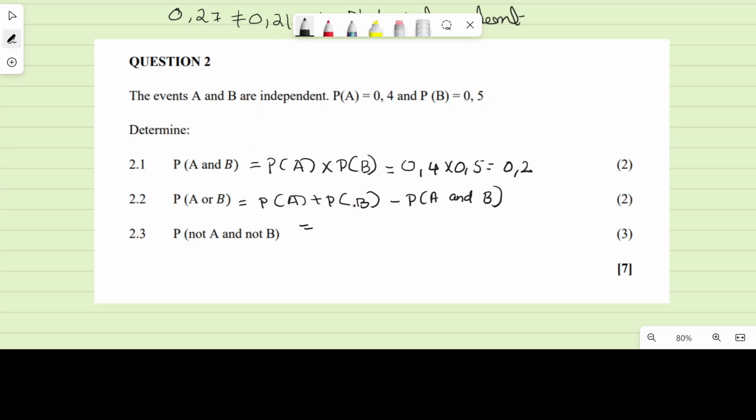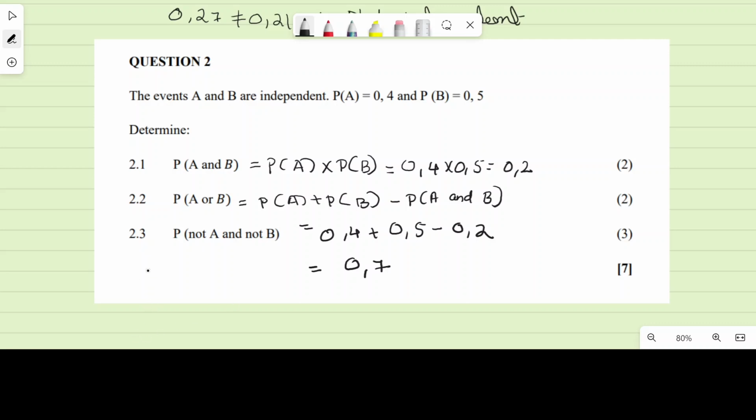So we have all this information now. P(A) is 0,4 plus P(B) is 0,5 minus P(A and B), which we just now found is 0,2. Therefore the final answer is 0,7. That is P(A or B).